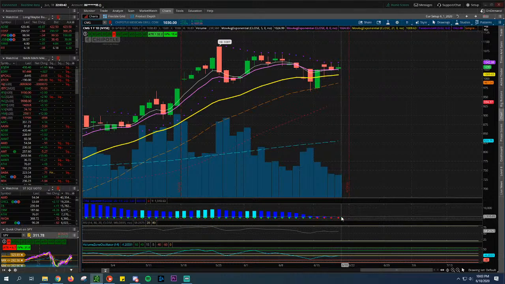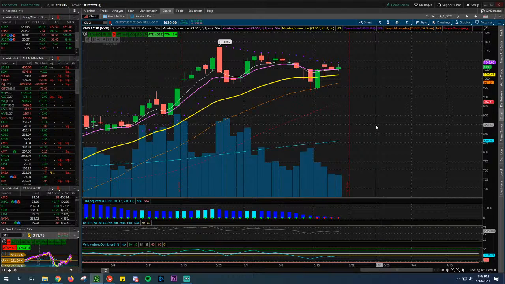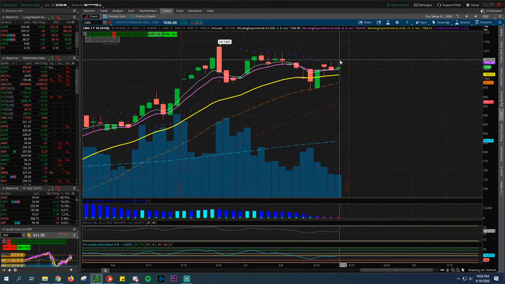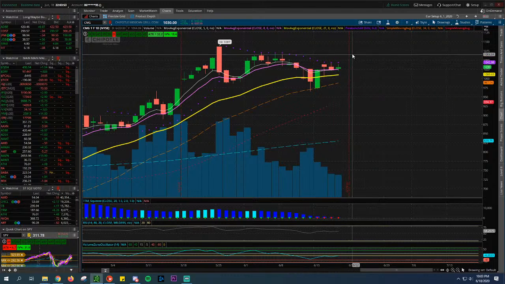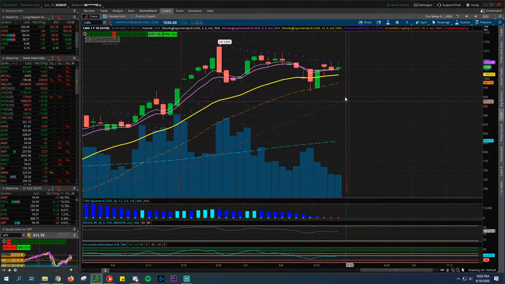There is a squeeze in play. The volume zone is trying to print higher, which is an indication for a potential pop higher, potentially trying to break above well over to that 1087 level. But again, being mindful, this could fail if the overall market tries to sell off as well. So that 34 is going to be your first line of defense there.